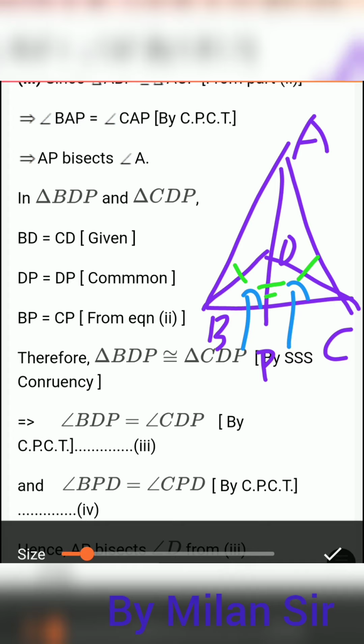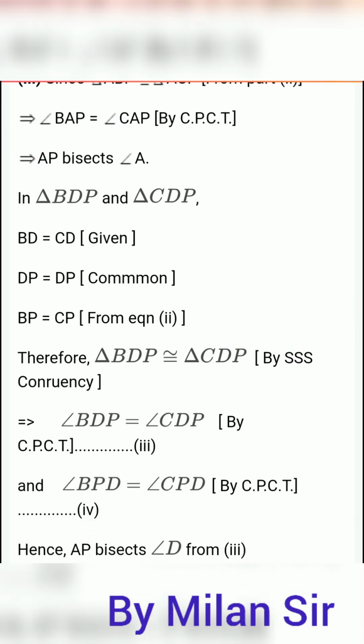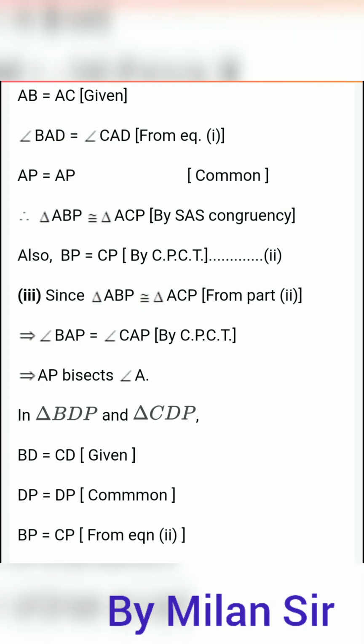And the third thing is BP is equal to CP, which we proved in question number 2. So all three sides of one triangle are equal to all three sides of the second triangle, right? Again I repeat: here we proved that BP is equal to CP.